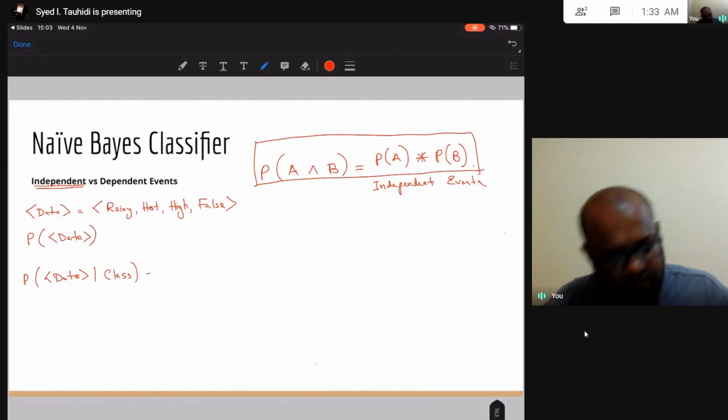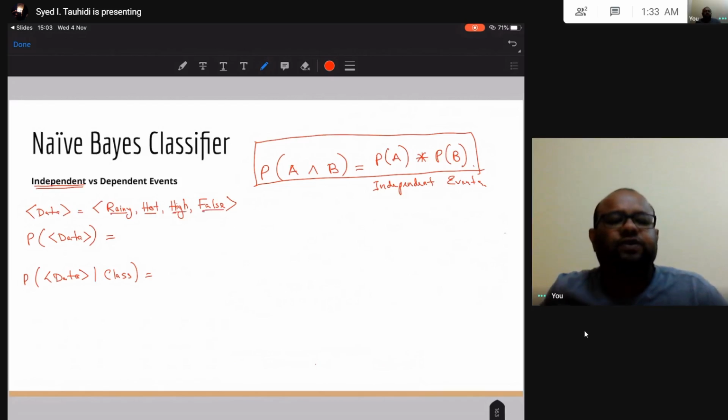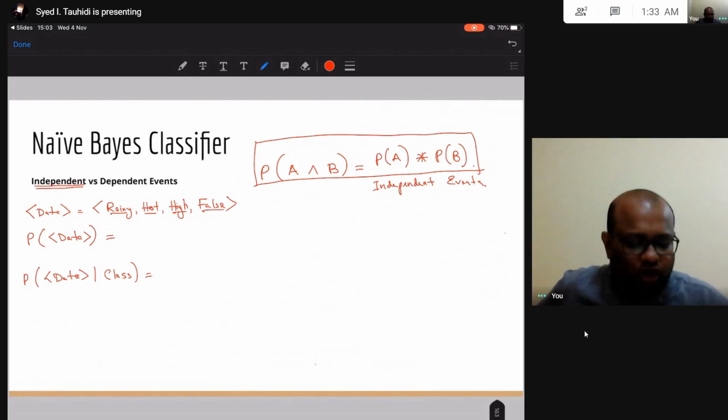Now this data contains 4 independent features, right? These features have values: rainy, hot, high and false. So I have 4 different features and these are all independent. So the outlook being rainy, the temperature being hot, the humidity being high, the windy being false, all this we assumed are independent.